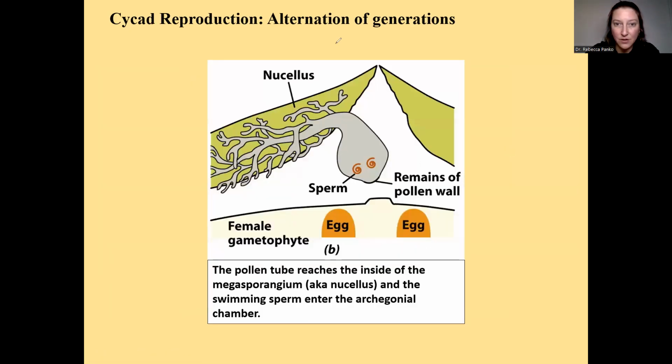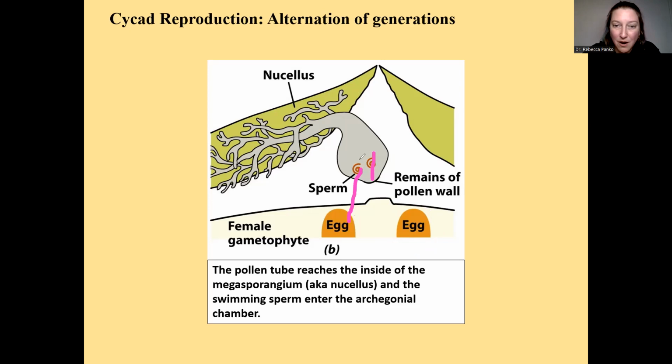See here, I'll use pink. Here's a sperm, here's a sperm, right? They're swimming down the pollen tube cell. Here's an egg, here's an egg. So there's two sperm, two eggs. One sperm will win. So let's say this sperm fertilizes this egg. That's the winner.